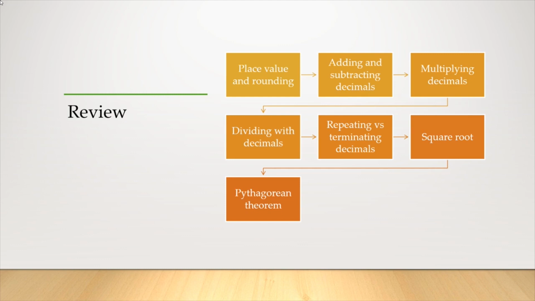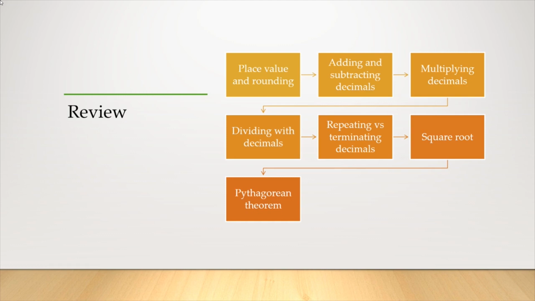So you might have to shift the decimal. If you do that to one number, you have to do it to the other, which are called the dividend and divisor. You would have to shift both of those. And then wherever the decimal ends up, you just put it at the top there. Repeating and terminating decimals, we compared the two.